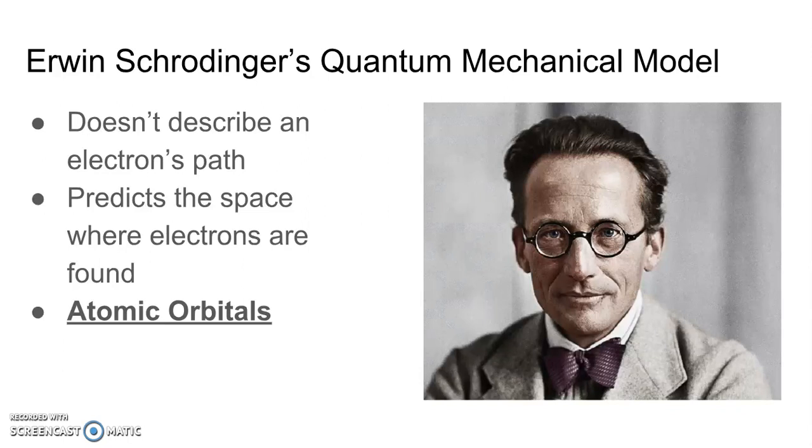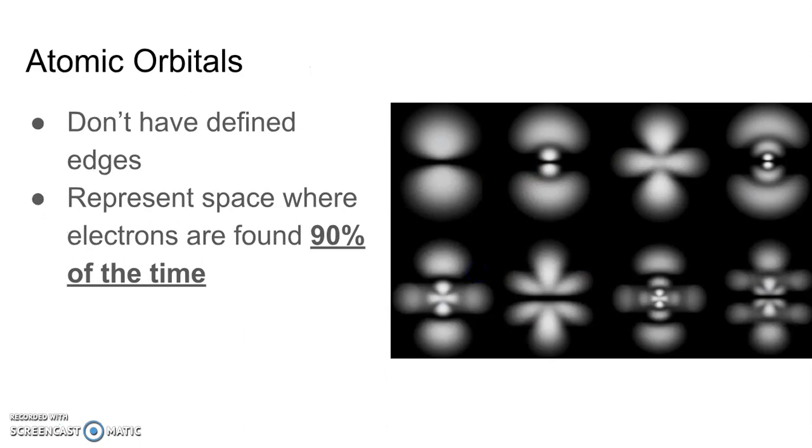So Bohr said that electrons orbit the nucleus. Schrödinger said that electrons can move wherever they want within these spaces, and the spaces, these three-dimensional regions around the nucleus, are called atomic orbitals. And this is where the electrons are most of the time. The atomic orbitals don't have defined edges.